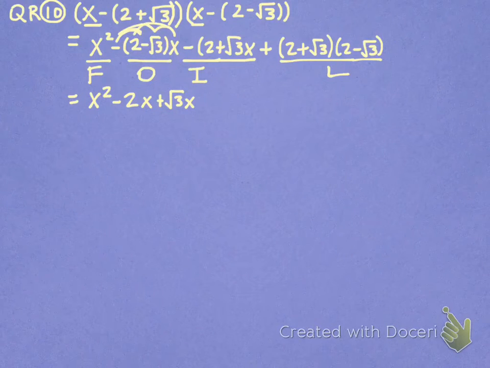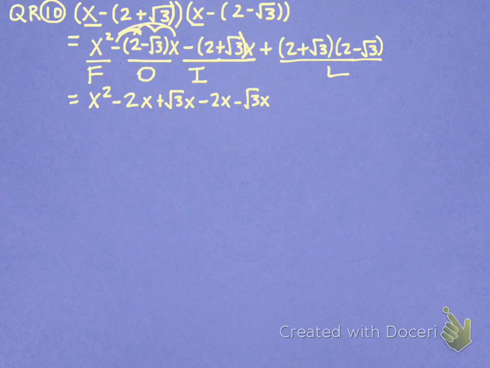And then we go to our next term, left out another parenthesis there. Minus x is being distributed because I have a minus in front and an x behind the parentheses, so that's also minus 2x. And then minus times a plus is a minus, the square root of 3x.